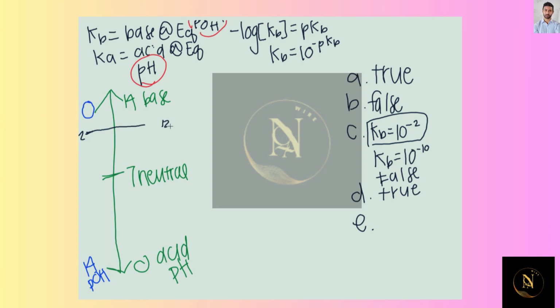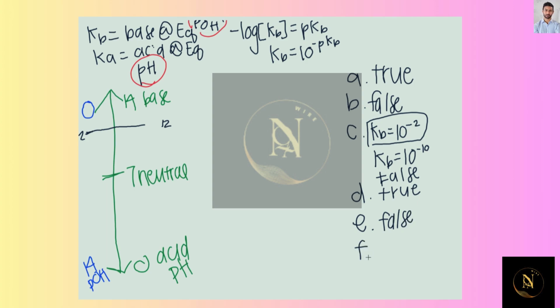Therefore the pKa would be very large, and so E would be false. The stronger the base, the smaller the pKa of the conjugate acid, and so this is false.